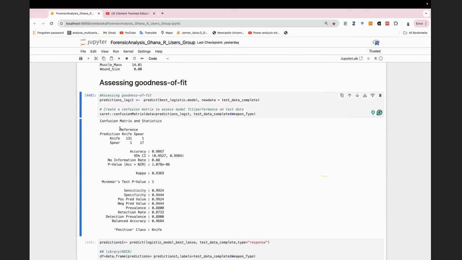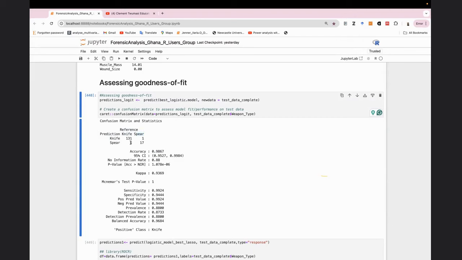And look at this reference. This was the situation in the testing data set. This cross tabulation tells us that in 131 instances, the weapon was indeed a 9, and the model was able to conclude that it was a 9. In one instance, the weapon was a spear, but the model said it was a 9.